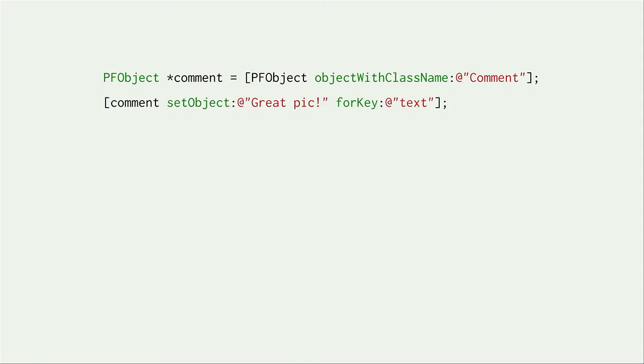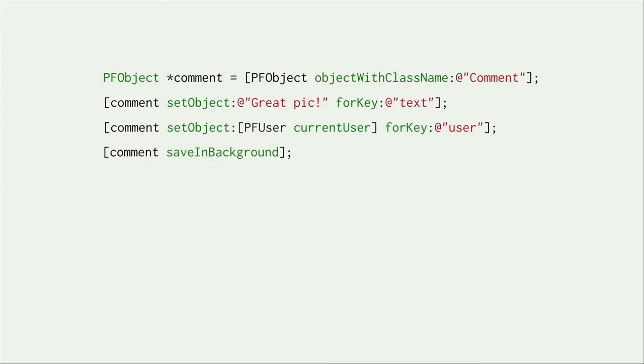And it works very similarly to how an NSDictionary works on iOS. You can set any sort of field on that object. I'm setting the current user in this case. And then I just save. That takes care of networking, talking to Parse, saving the object, and bringing back that unique ID for that object.